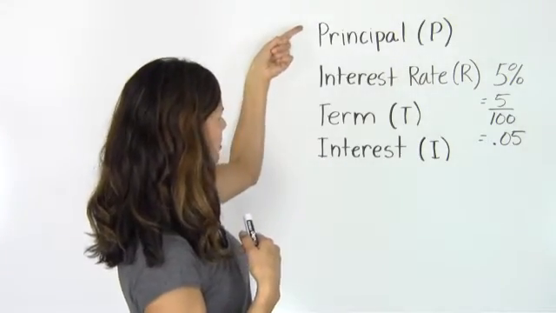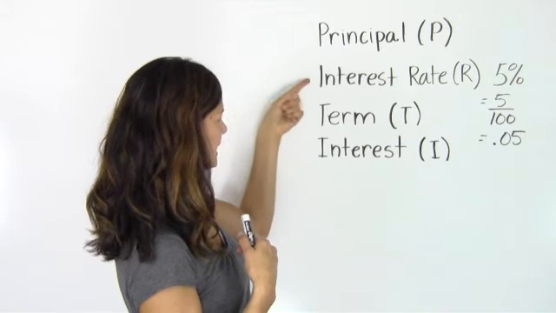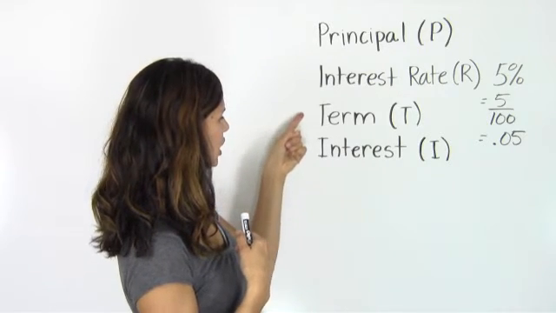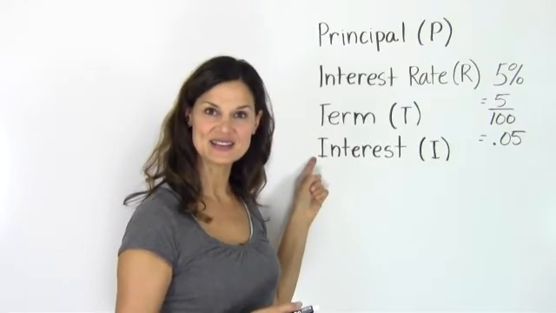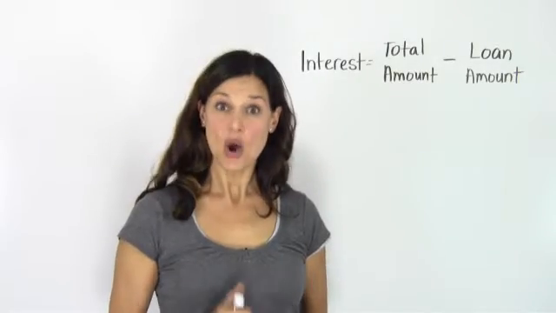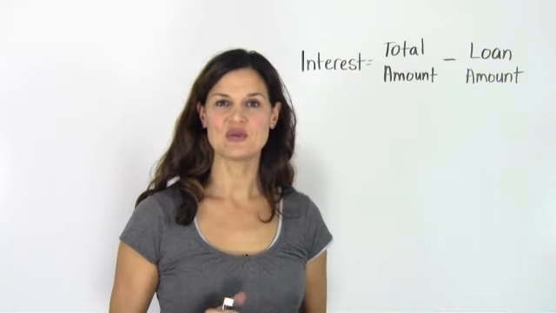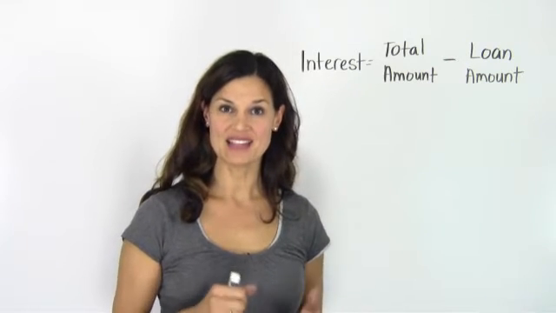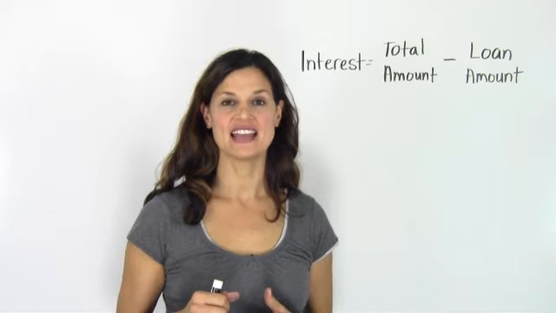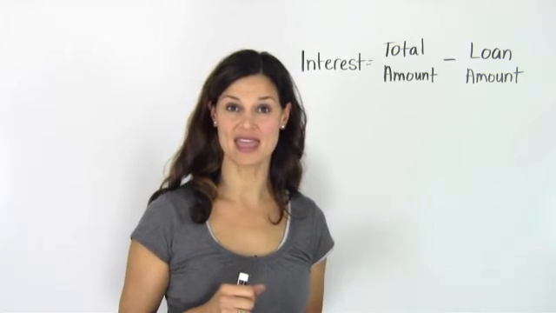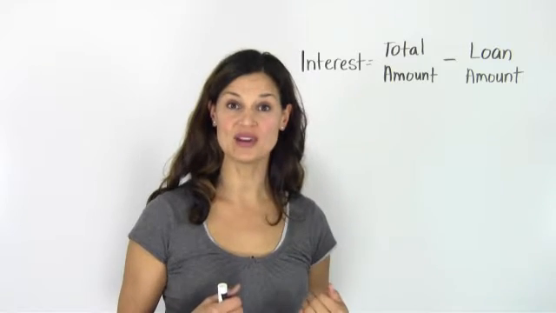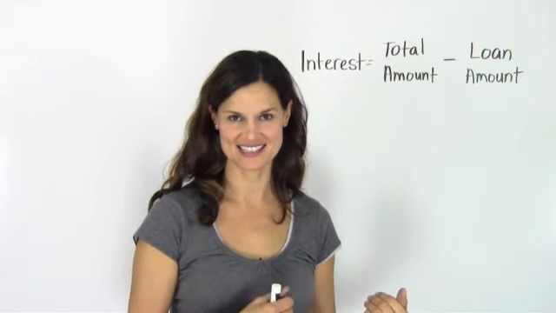So if you know principal, interest rate, and term, then the interest can be calculated. The total amount is equal to the principal plus the interest, and it shows the amount of money that will be paid back to the bank, including both the loan and the interest.